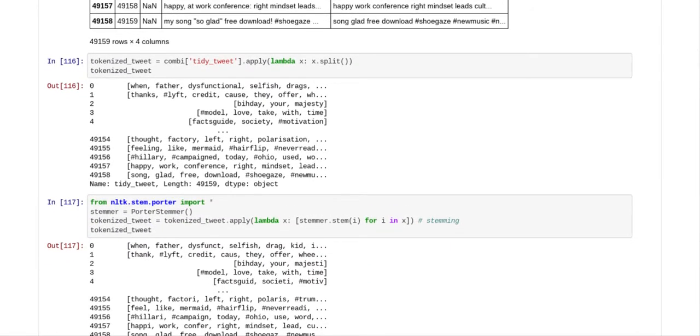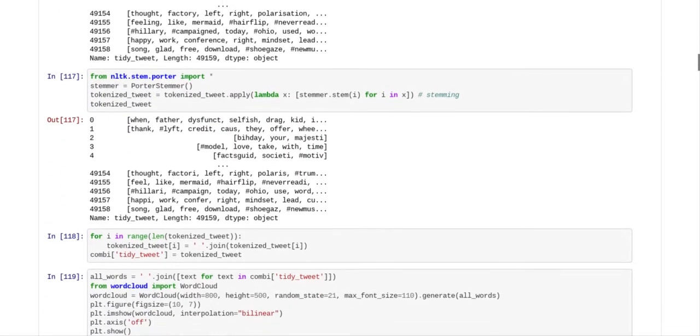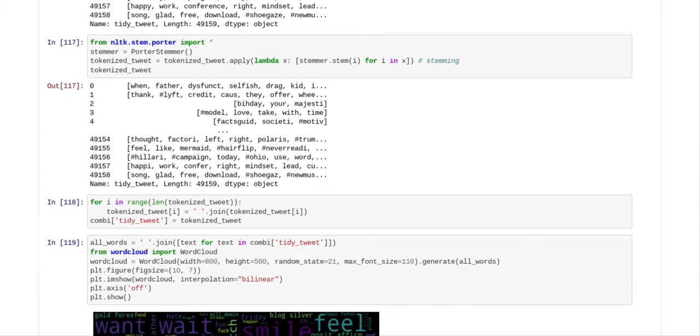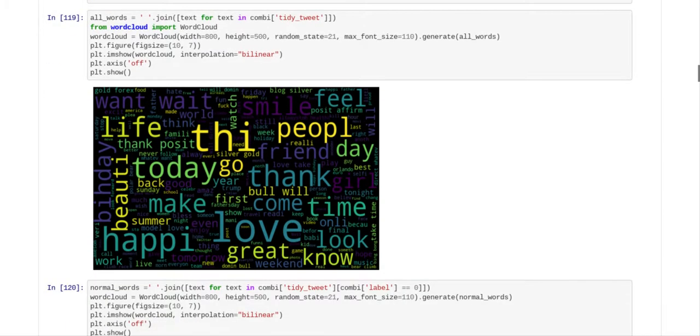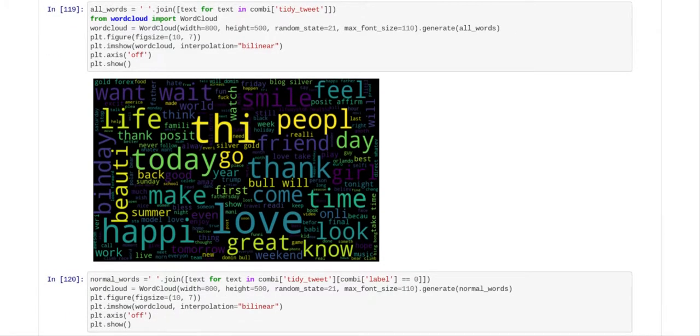We tidied the tweets up some more. We stemmed the tweets using a Porter stemmer. We had another function where we did some more work to tidy the tweets. And then basically we had a function where it put all of the words from the tweets into a diagram, so you could see all of the words from the tweets in the diagram.